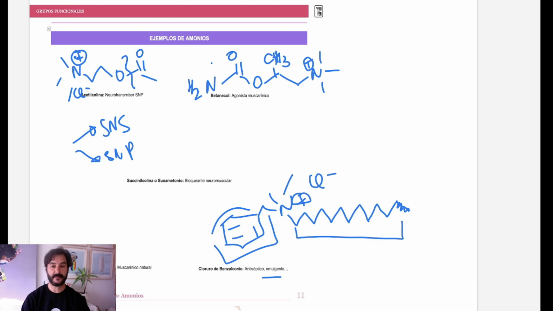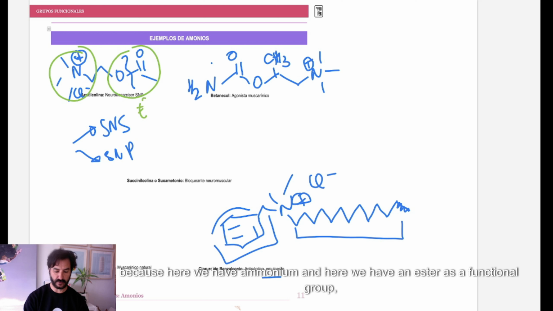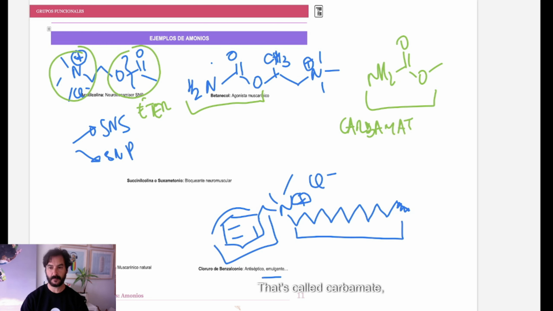I'll explain it in pharmacology, chemistry and pharmacy videos. As I told you, these are important functional groups: here we have ammonium, here an ester, and here a carbamate, which is a compound that has an ester and an amide at the same time.